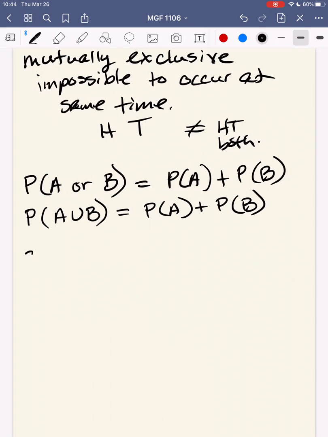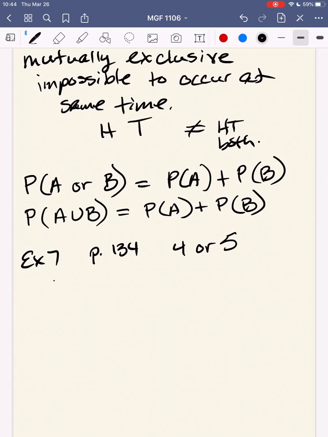I'm going to look at example 7, on page 134. If you roll a single 6-sided die, I want the probability of getting either a 4 or a 5 on this die. Each side of the die has a probability of 1 over 6.